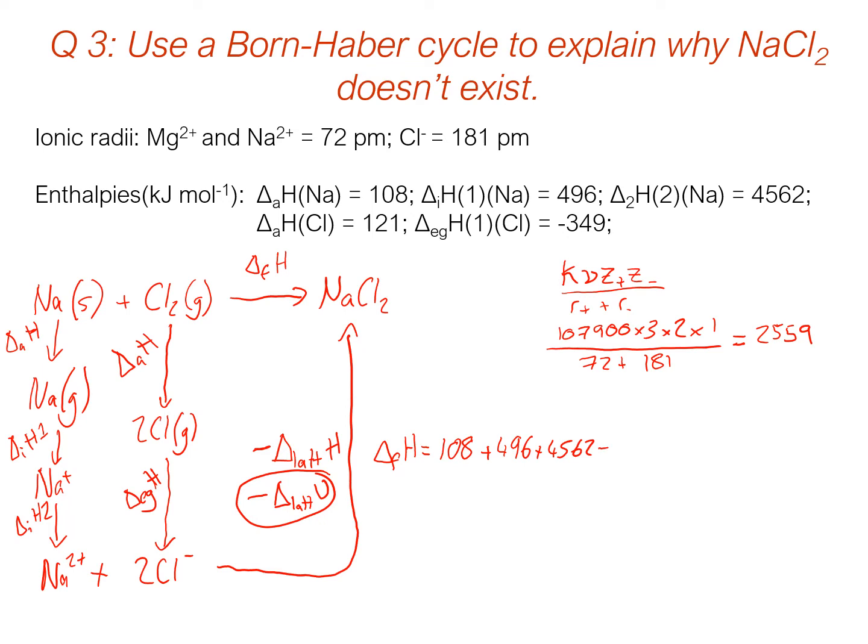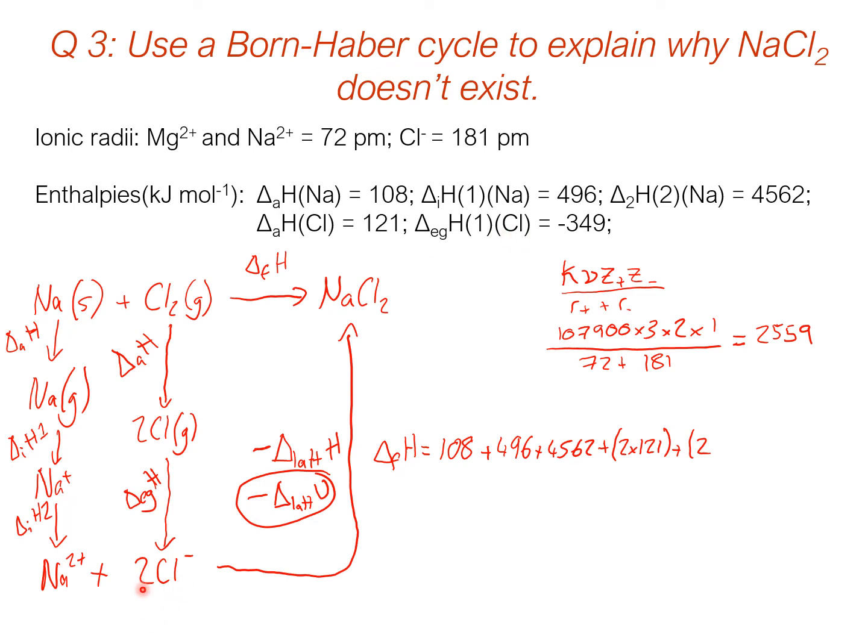And now we have to start thinking about stoichiometry as well when we get to chlorine. So first off, we need the atomization of chlorine, but we need 2 times that. Because if you look at the data up here, this is the atomization enthalpy to produce 1 chlorine atom. We're producing 2 of them, so we need to add in 2 times the atomization enthalpy. And for exactly the same reason, we're then going to add 2 times the electron gain, because again, it's an electron gain for 1 chlorine atom.